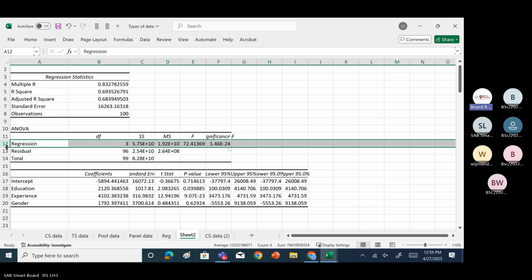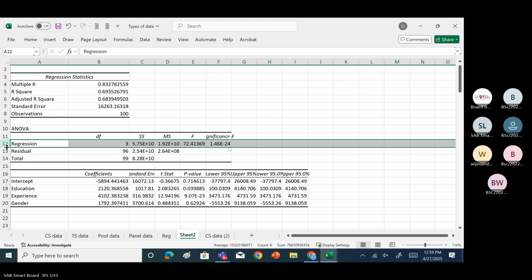We don't have an intercept hypothesis, so we have three hypotheses. Let's check the education hypothesis. Is the p-value below 0.05? Yes or no? Yes. So we can accept the first hypothesis.